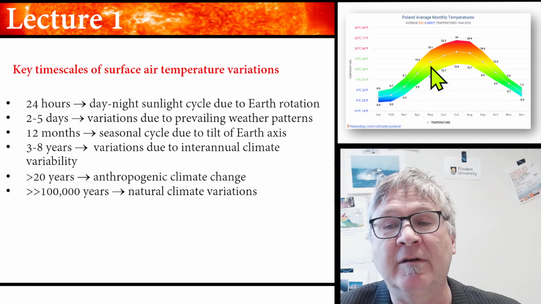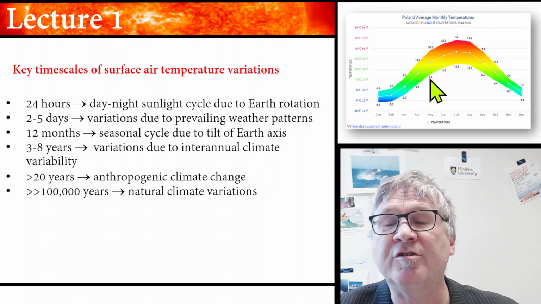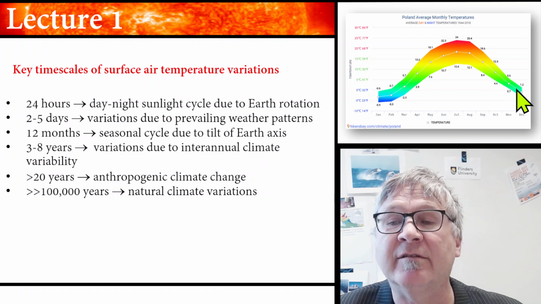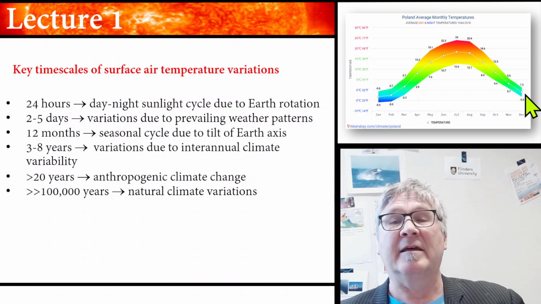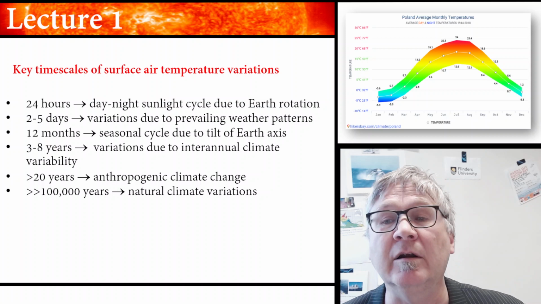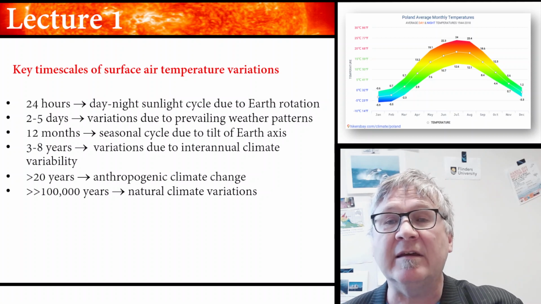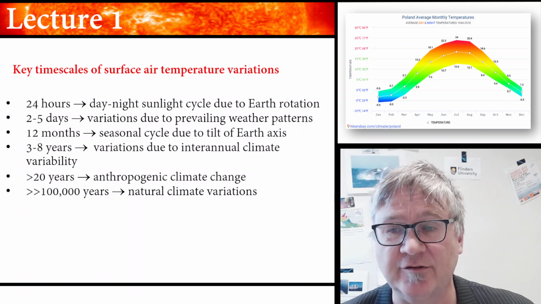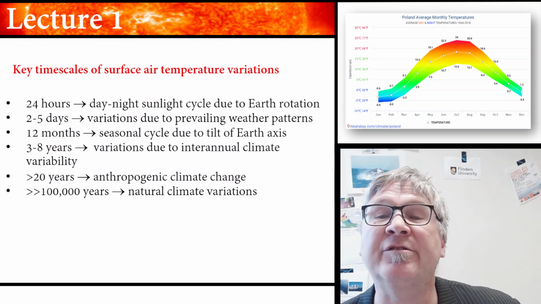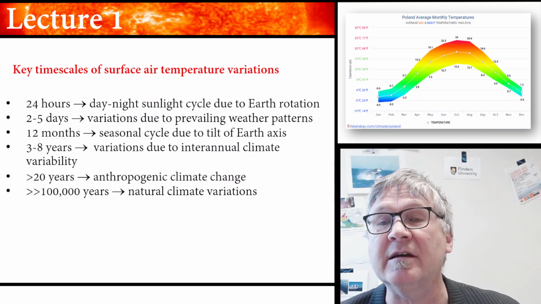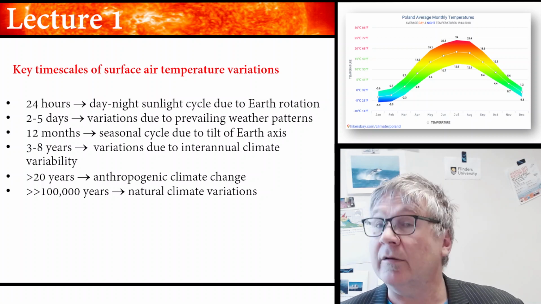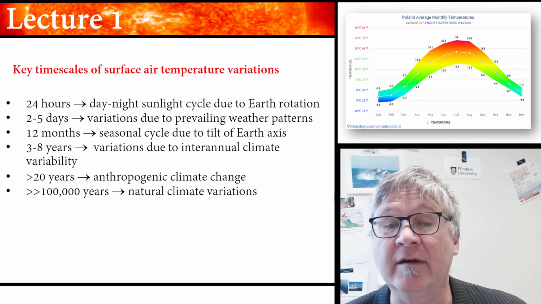So you see a range of temperatures, but also from one month to the next there's a distinct seasonal cycle, and you can expect that it repeats from one year to the next. So you get a typical cycle in temperatures. So this is an image that shows you the day and night cycle and the seasonal cycle. Again, those are key time scales.